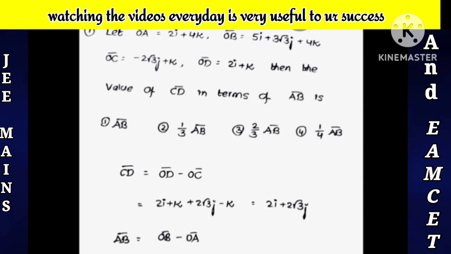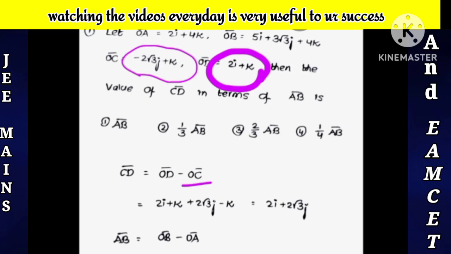Replace the values. OD bar is equal to 2i plus k, minus OC bar. OC bar is equal to minus 2 root 3 j plus k.